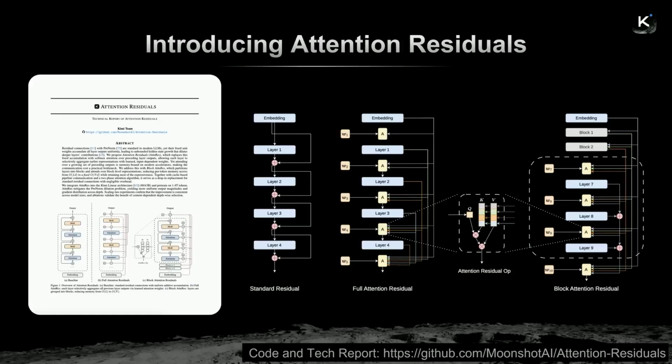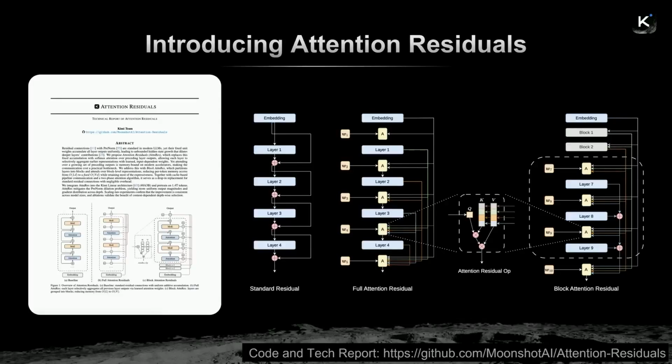And of course, to increase the efficiency and reduce the infrastructure overhead, for example communication and memory overhead, we also designed a new variant called block attention residual on the right-hand side. The idea is also simple. We divide all the layers in the neural network into multiple blocks.